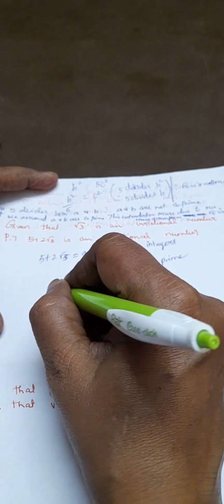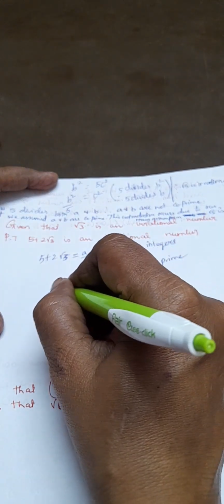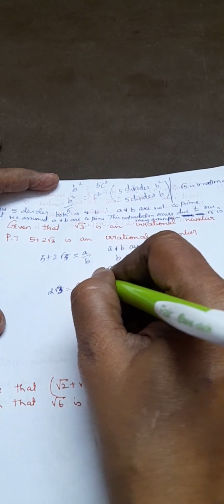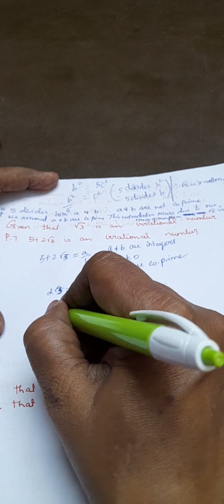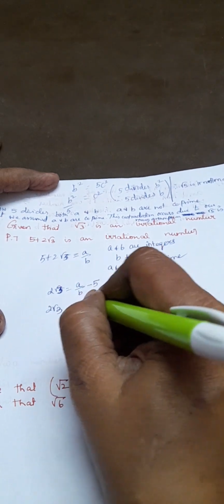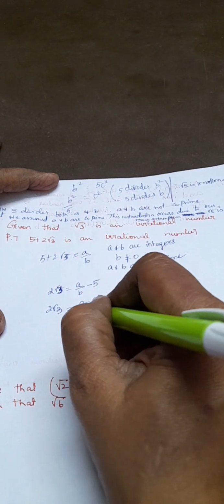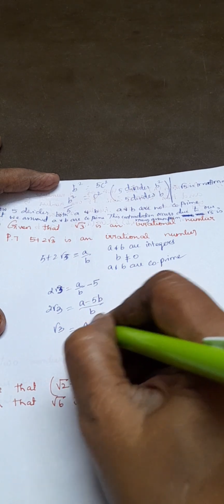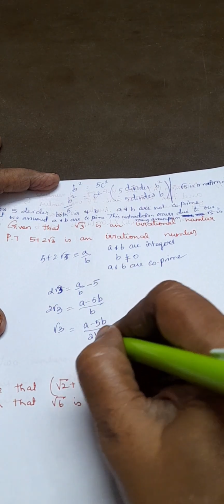Now 2 root 3 equals a by b minus 5. Take LCM. 2 root 3 equals a minus 5b by b. Now root 3 equals a minus 5b by 2b.